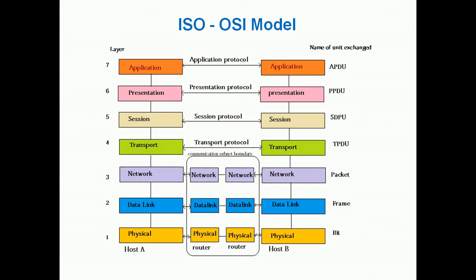The upper layers are not a combination of hardware and software, they are implemented purely in software, but the physical layer is purely hardware. Data link and network layers are a combination of hardware and software.